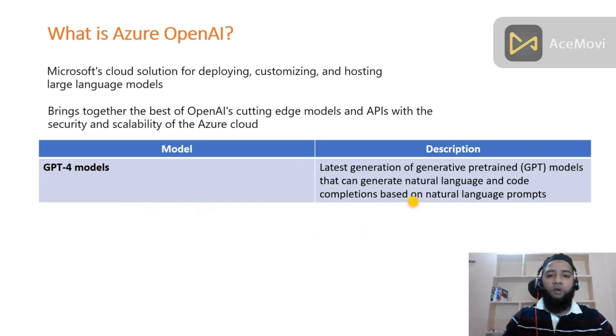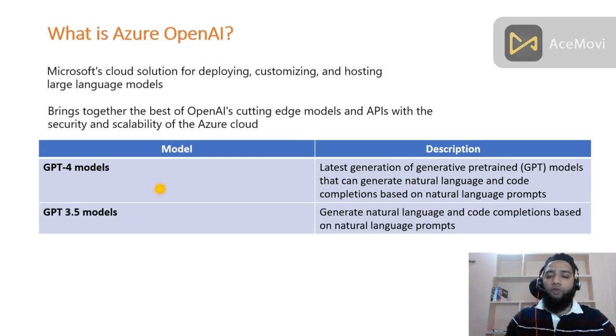GPT-4 is the latest model from OpenAI, a GPT model that can generate natural language and code completion based on natural language prompts. Then you've got GPT-3.5, which is a slightly earlier version that generates natural language and code completion based on natural language prompts.